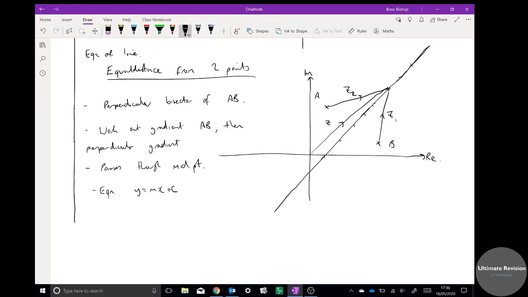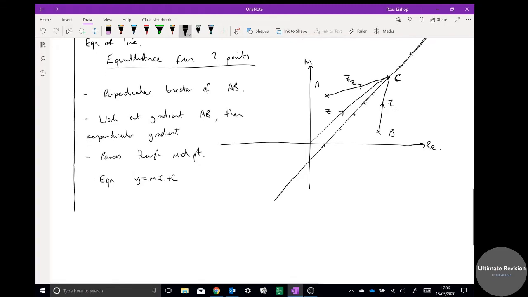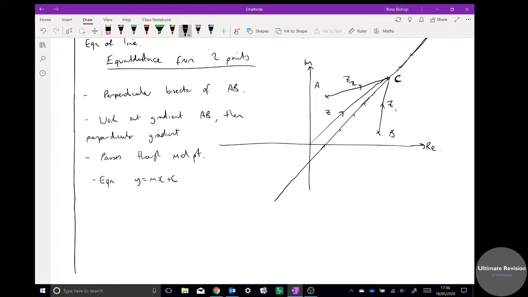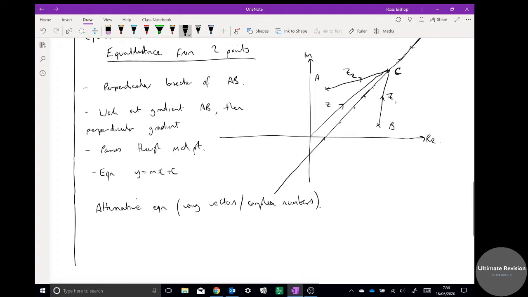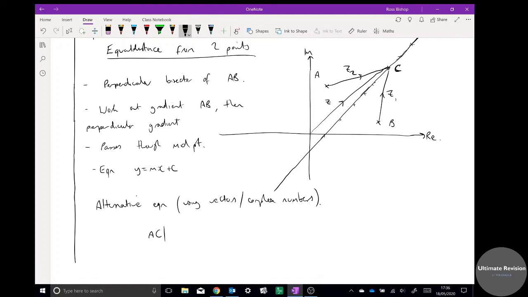And if we call this point C, so we know using vectors, or complex numbers, an alternative equation, okay, you know that the distance A to C is equal to the distance B to C. And that is exactly our definition of equal distance from 2 points, okay?